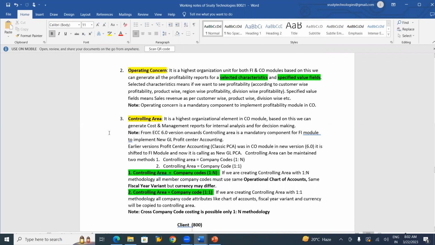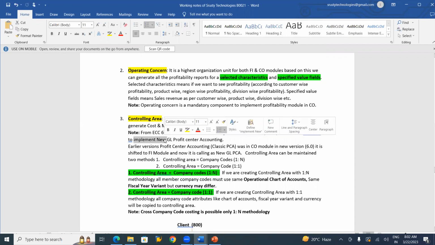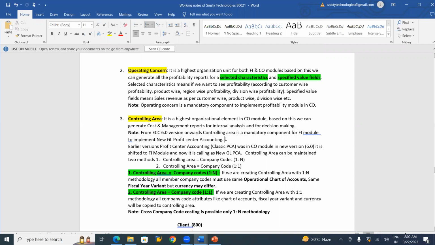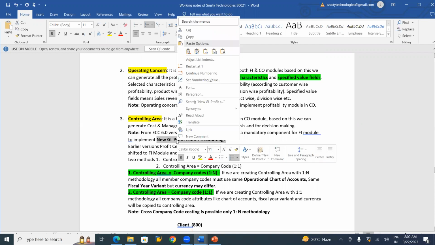This is very important. So new GL profit center accounting. This version we are going to do. In interviews also, you will get most of the questions on new GL profitability accounting only.